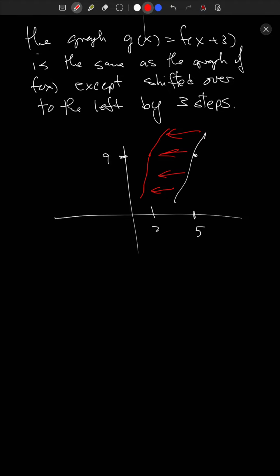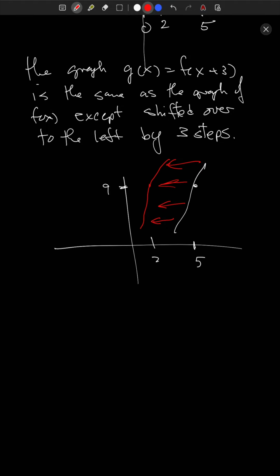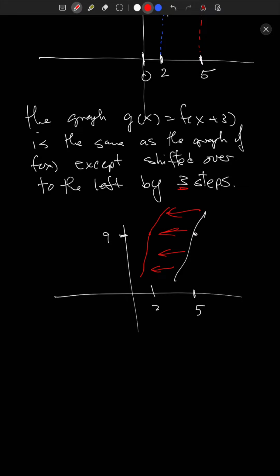All right. Okay, why 3 steps, or where did the 3 come from? This 3 is the same number as that 3 right there. And the important thing to note is that it's shifted to the left. So if g of x is f of x plus 3, then I'm shifting to the left by 3 steps.